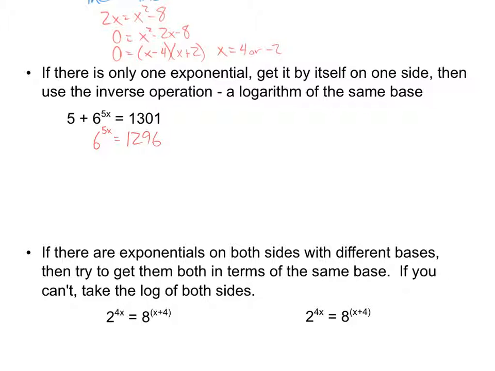So to cut out a step in our process, we're going to instead use a logarithm that has the same base. Here the base is 6, so we're going to use the log base 6 of both sides.